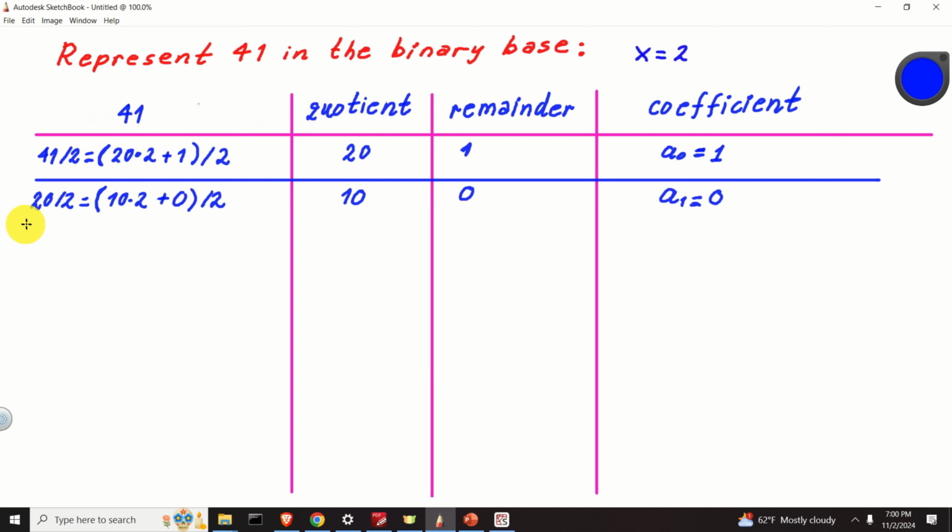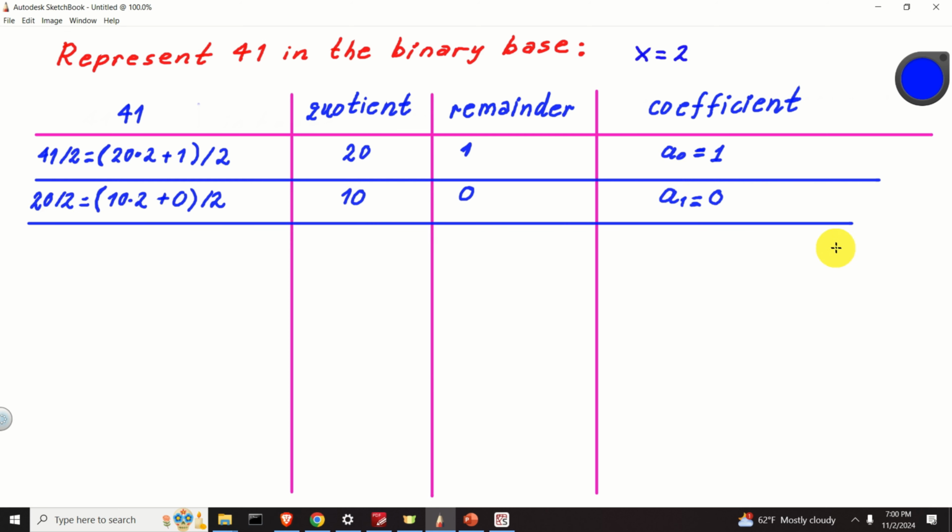Good. Let's repeat this procedure. We take the quotient, we have 10 divided by 2, and this is equal to 5 multiplying 2 plus 0 divided by 2. And from here we see that the quotient is 5, the remainder is obviously 0, and our coefficient a2 is equal to 0.